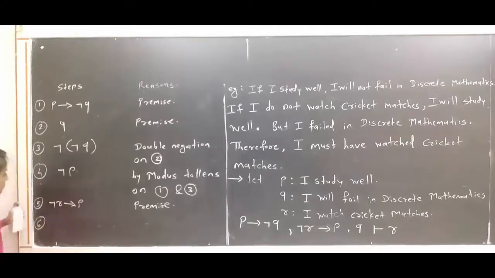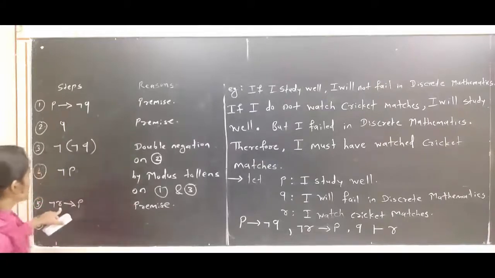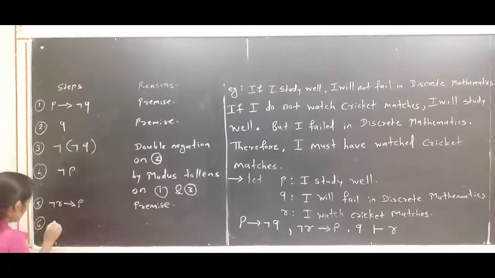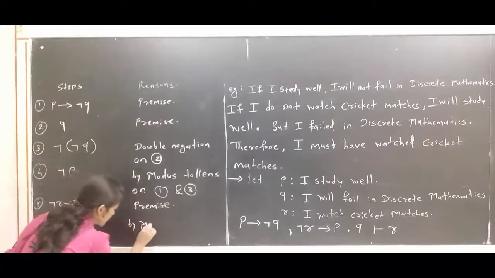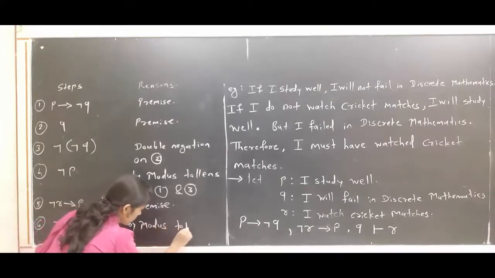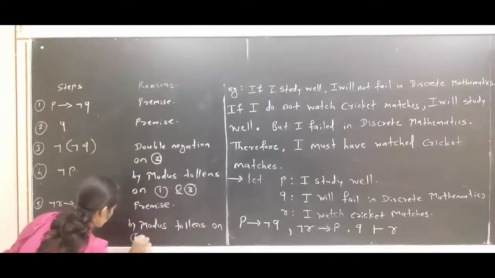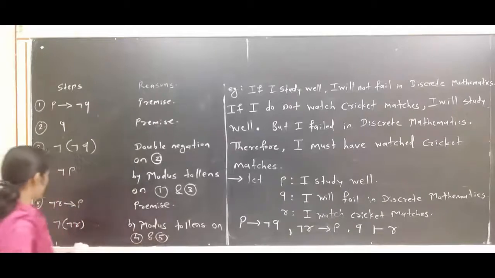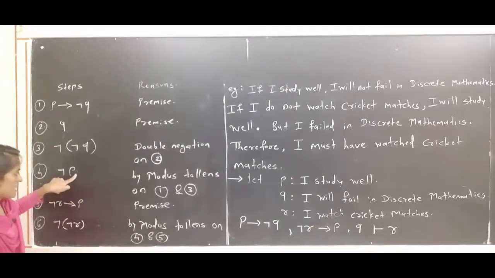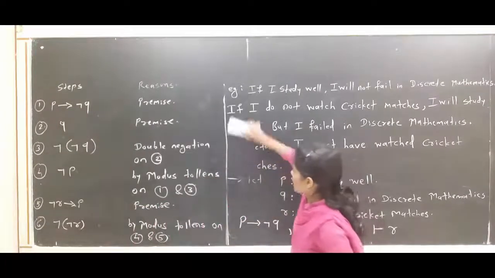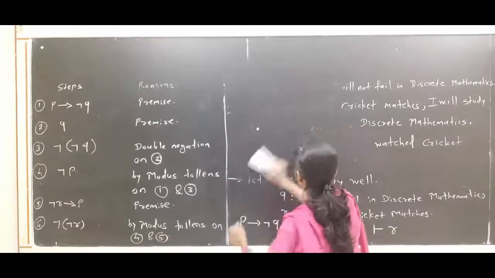So by applying modus tollens, we get negation of negation R, by modus tollens on 4 and 5. Negation R implies P and negation P, so we get negation of negation R. Again by using the double negation law, negation of negation R, we get R.